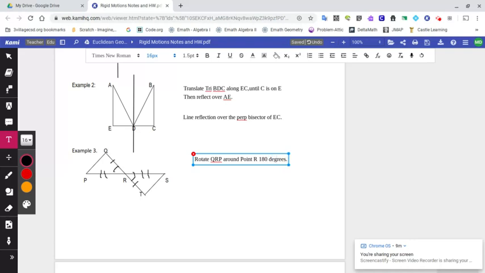Then that is going to have all of those corresponding parts lie on top of each other. I have a rotation. I have to say exactly how many degrees I need to rotate it to have one lie on top of the other. So that's what I mean by being specific.